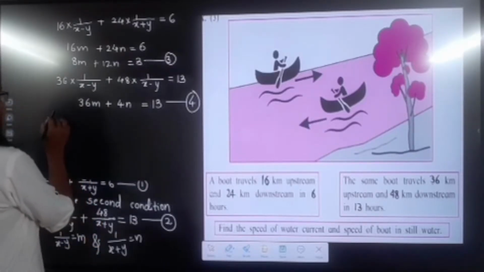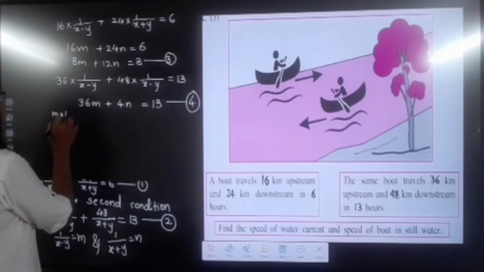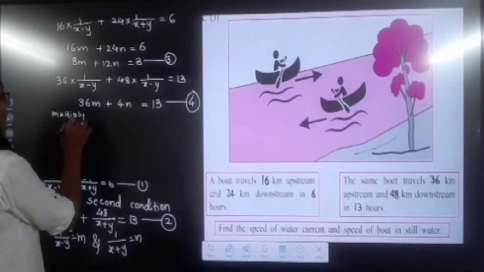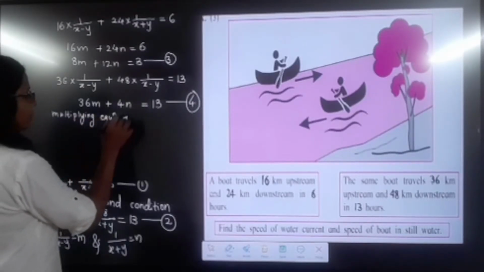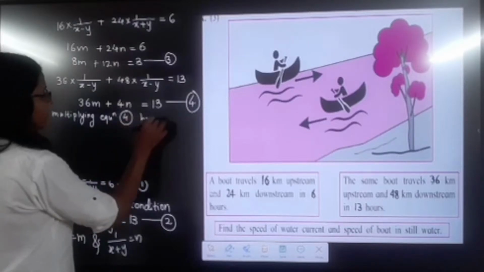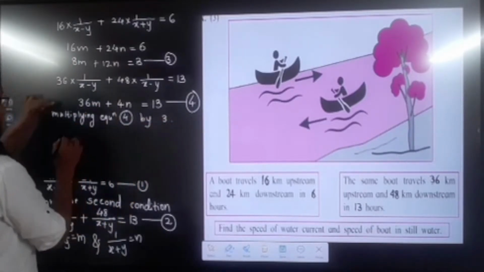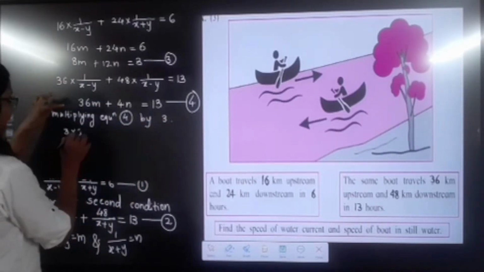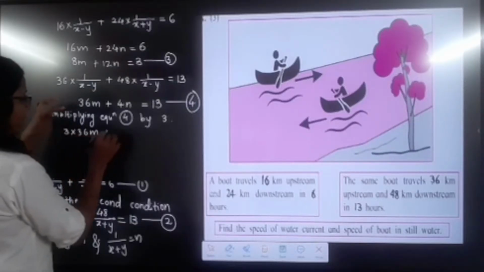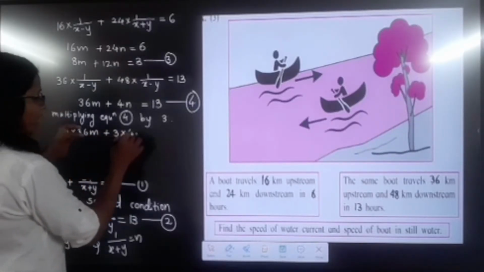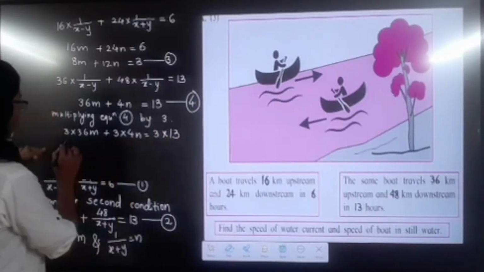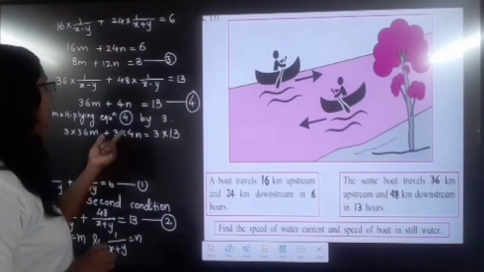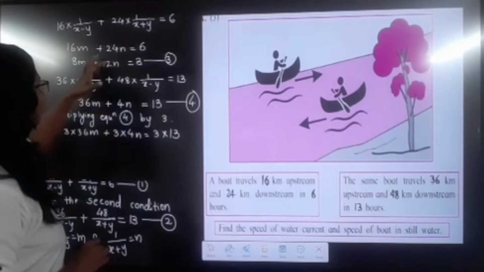So multiplying equation 3 by 3, that gives 3 multiplied by 8m plus 3 multiplied by 12n is equal to 3 multiplied by 3. So the coefficient of n becomes equal.